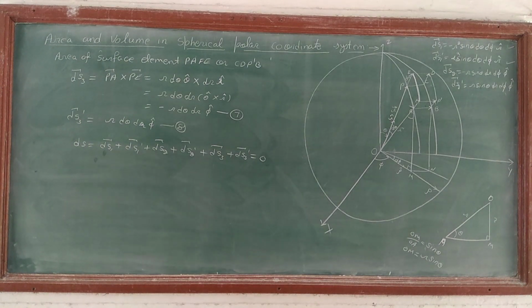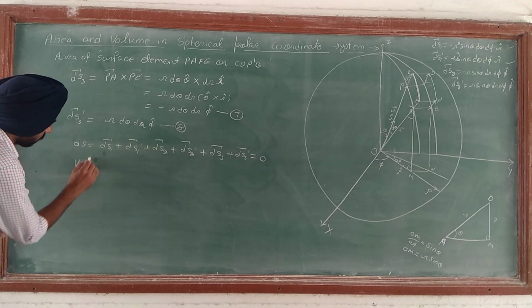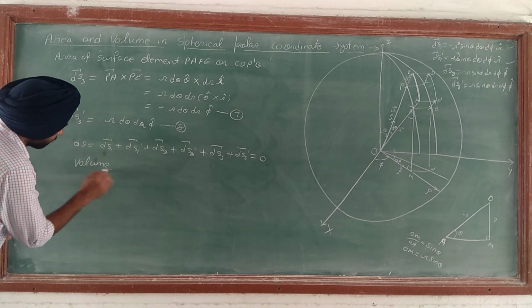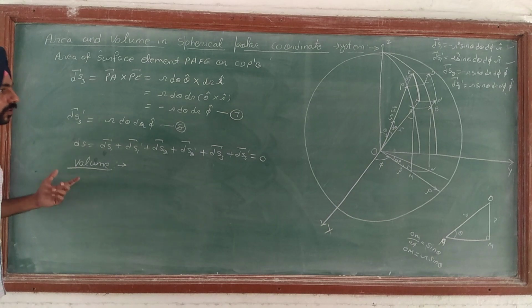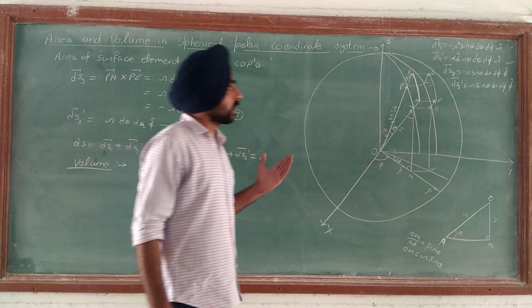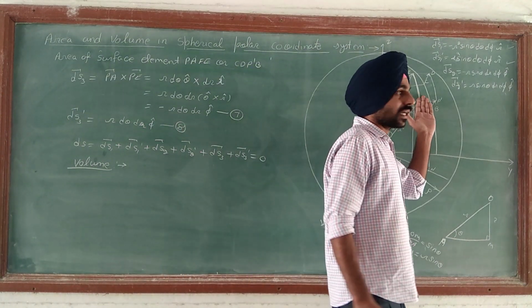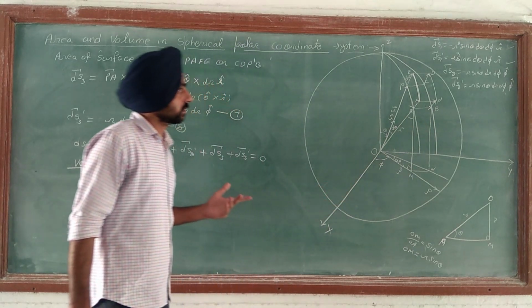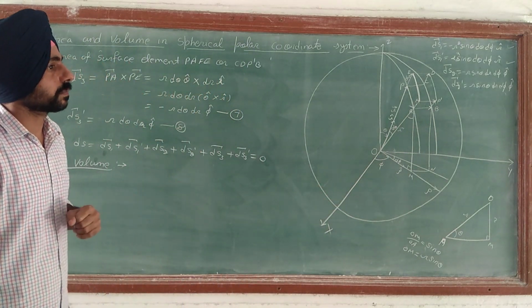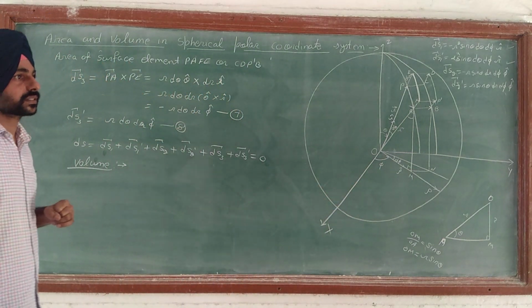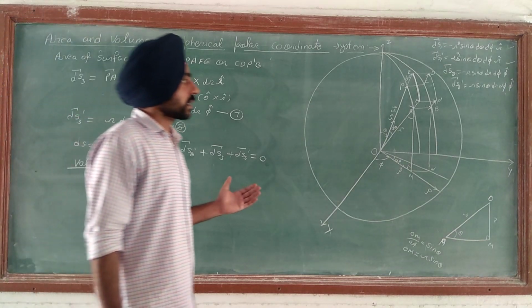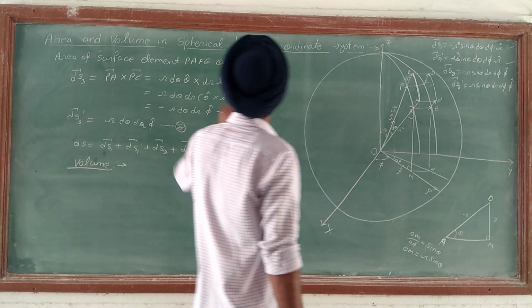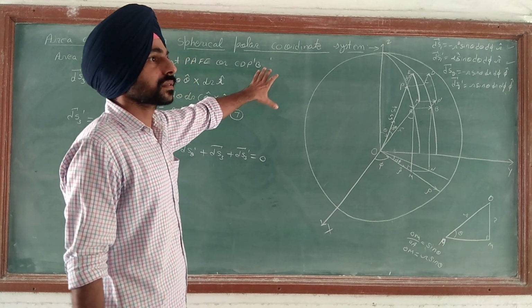Now we have to find out the volume. As we know, volume is area of the base multiplied by height, as we had already discussed in the previous lecture in Cartesian coordinate system. So here, instead of Cartesian coordinate system, we have the spherical polar coordinate system.